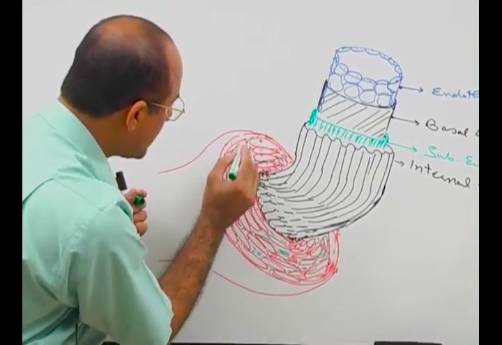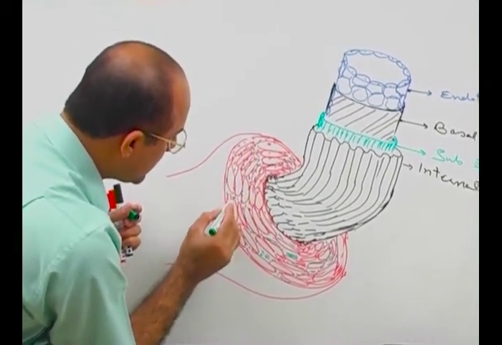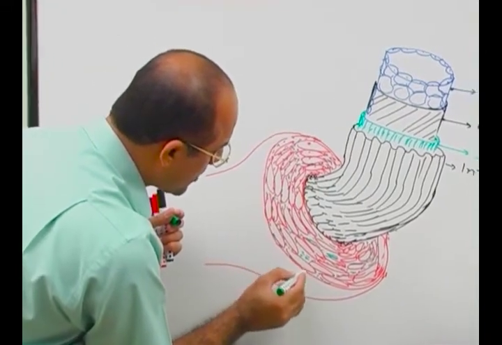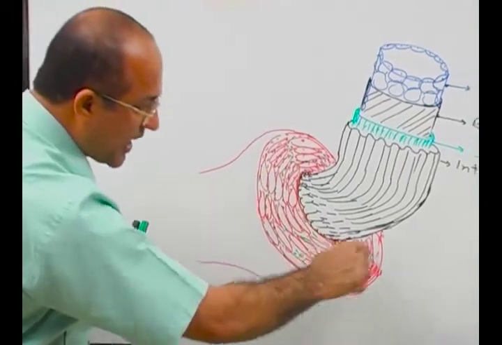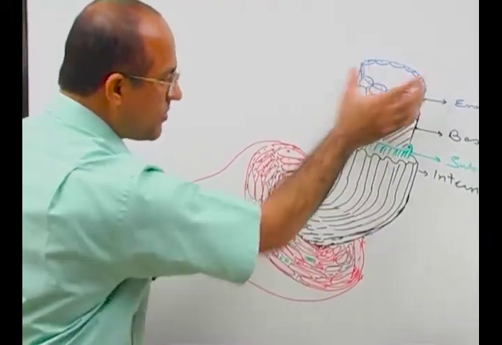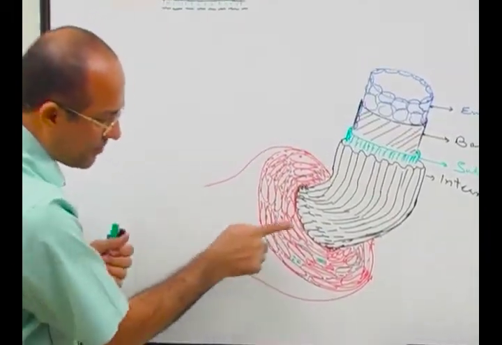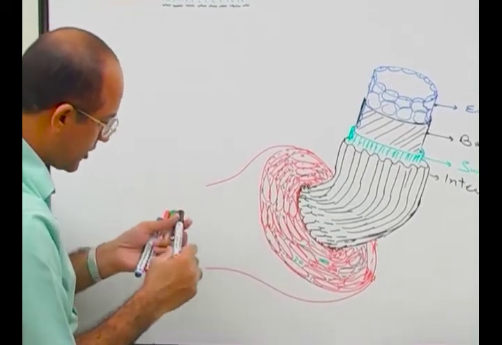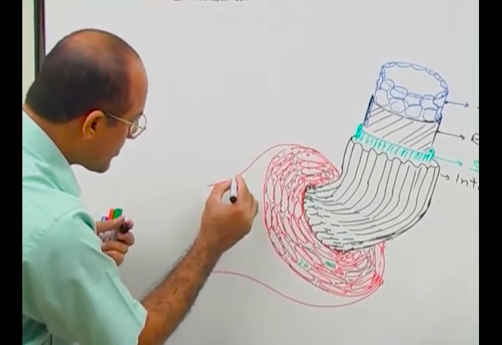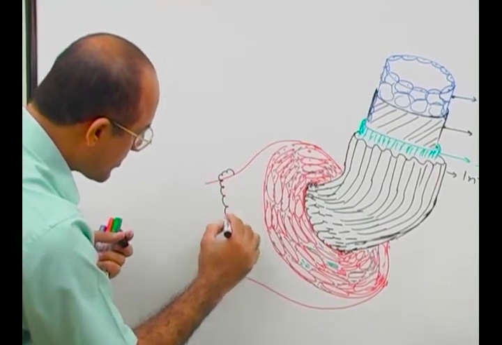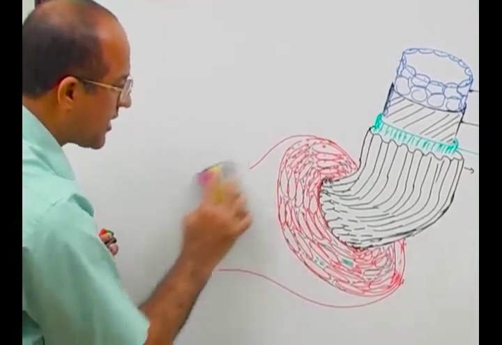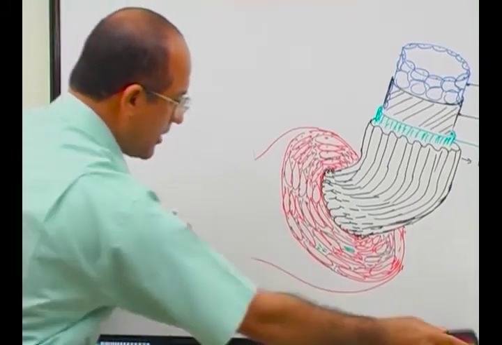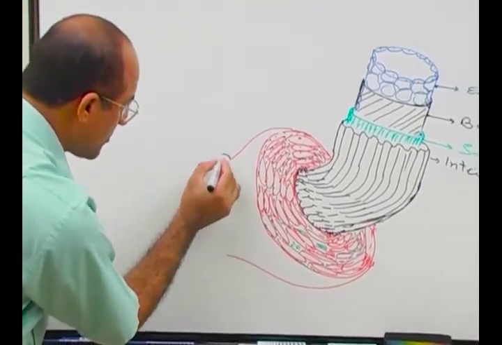This is the middle layer, and this all was the inner layer. Now the middle layer has another special type of covering outside it.